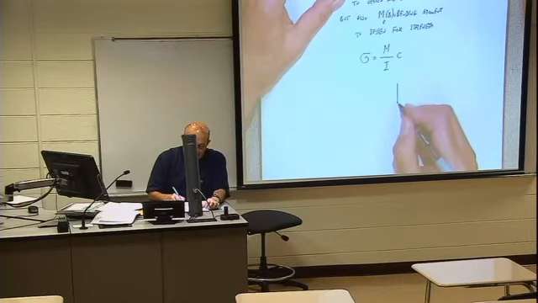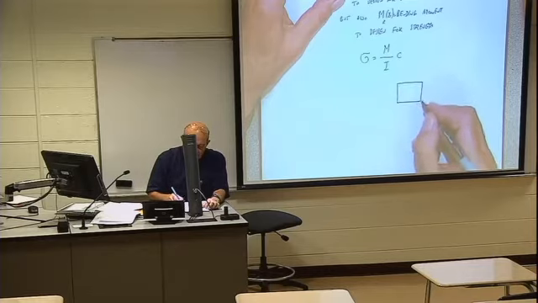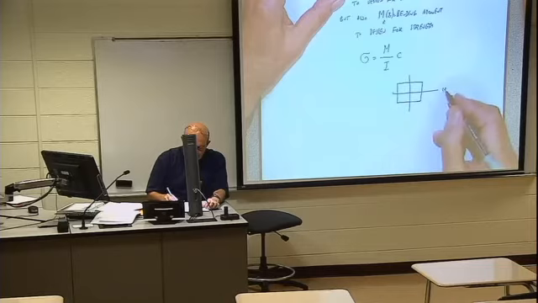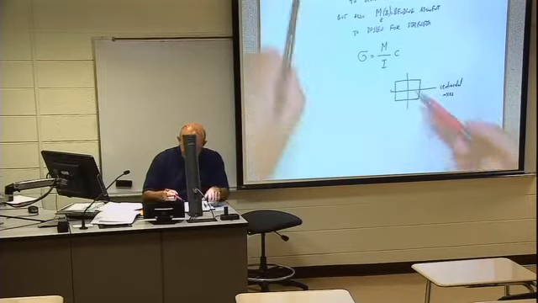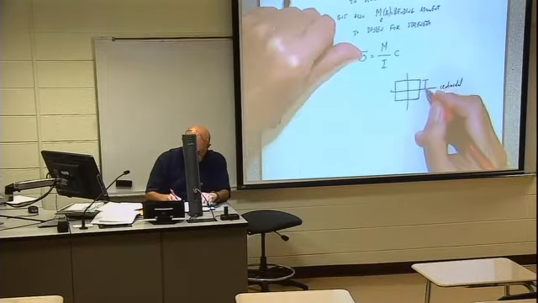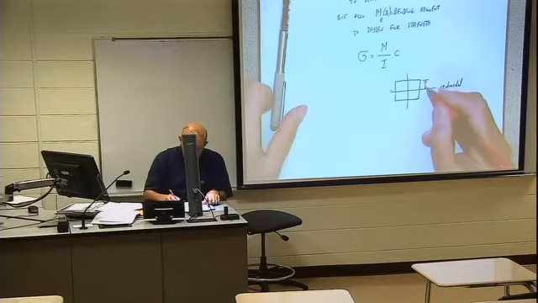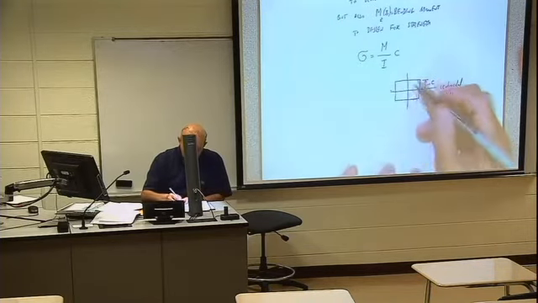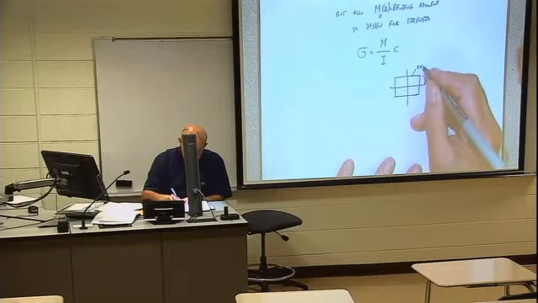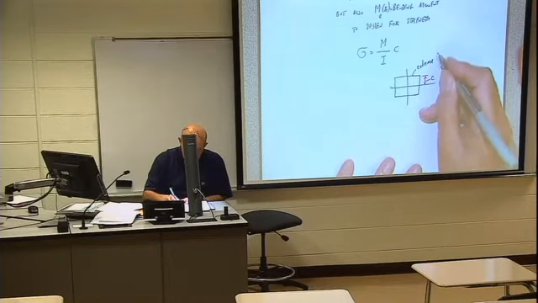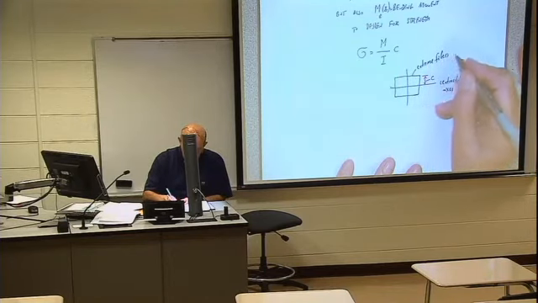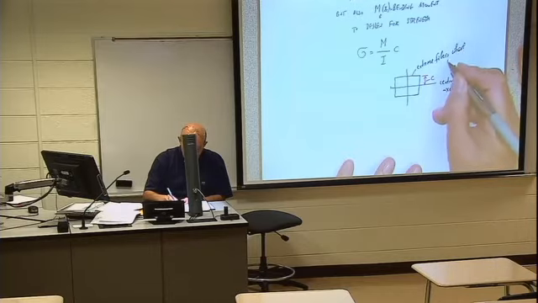So, for example, if it is a rectangular cross-section, then that is centroidal axis. Then this is C. C. That is extreme fibers, where maximum sigma occurs.